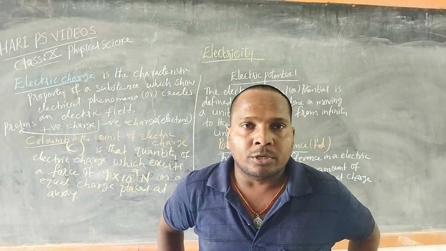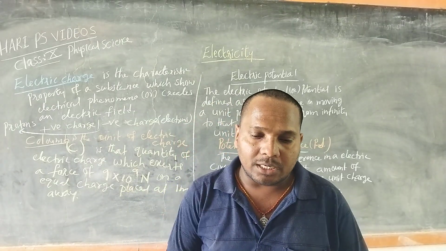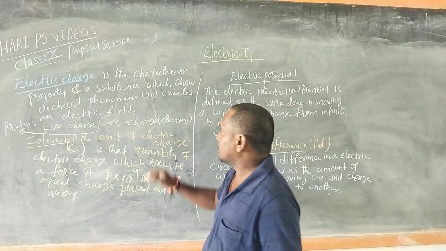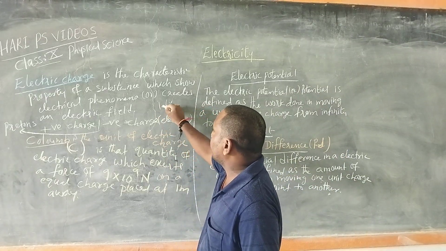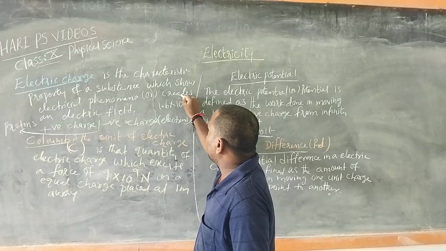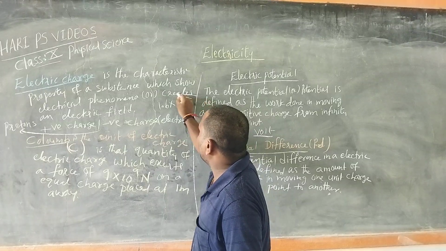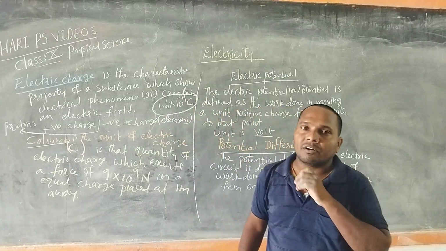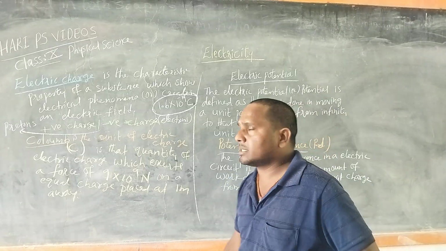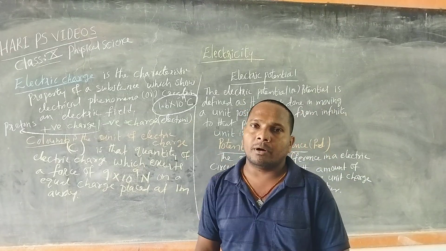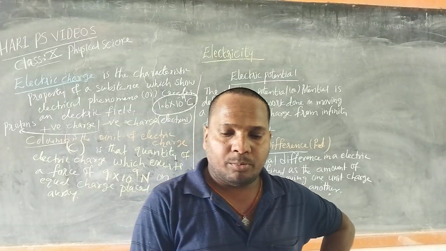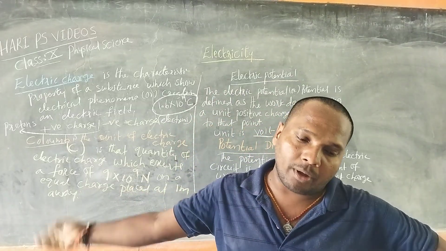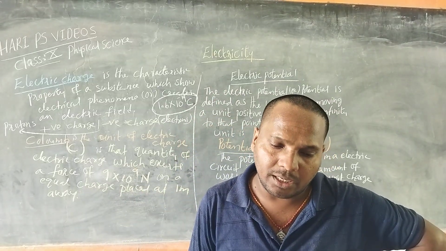A proton possesses a positive charge of 1.6 into 10 power minus 19 coulomb. An electron possesses a negative charge of 1.6 into 10 power minus 19 coulomb.